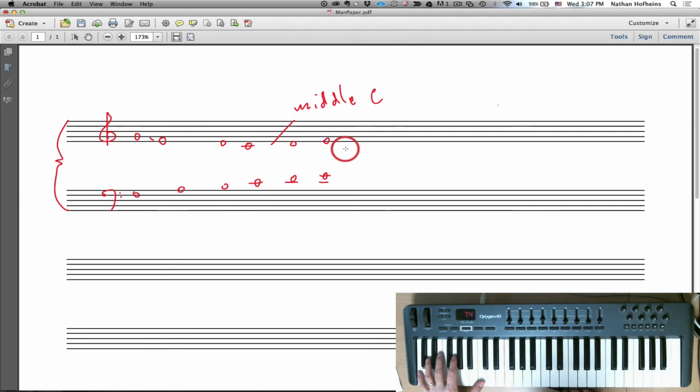You could have something playing down here, and you want the right hand to come down here. And so you'd have ledger lines showing these notes down here that go below middle C.